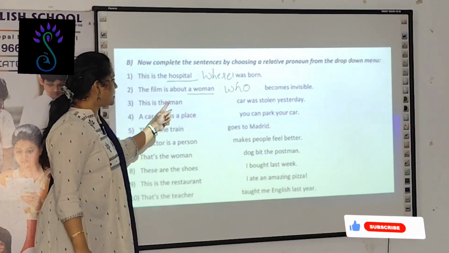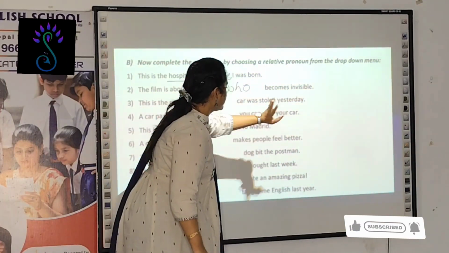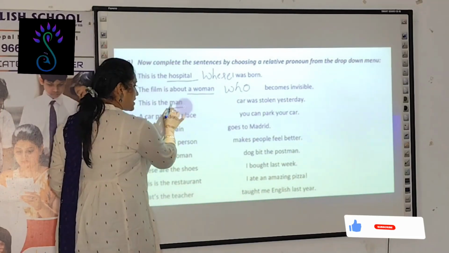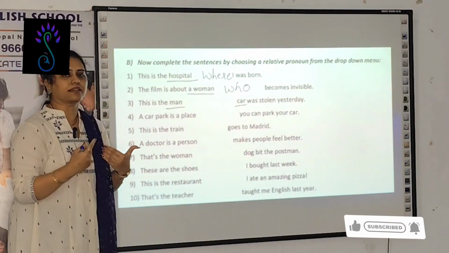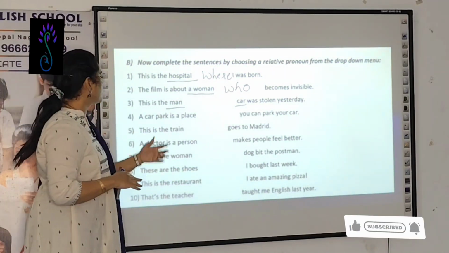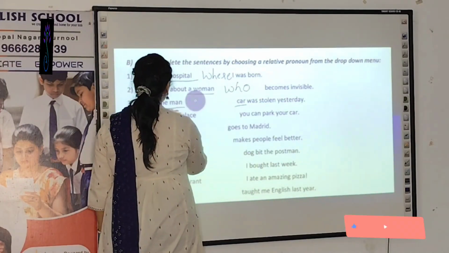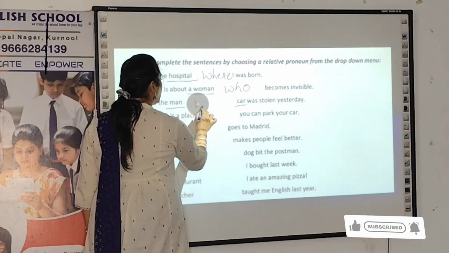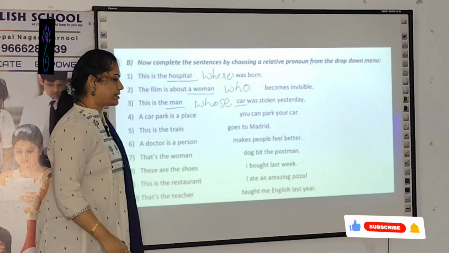Okay. This is the man. His car was stolen yesterday. The man's car, that is possession. For possession I told you, you should use whose. This is the man whose car was stolen yesterday.